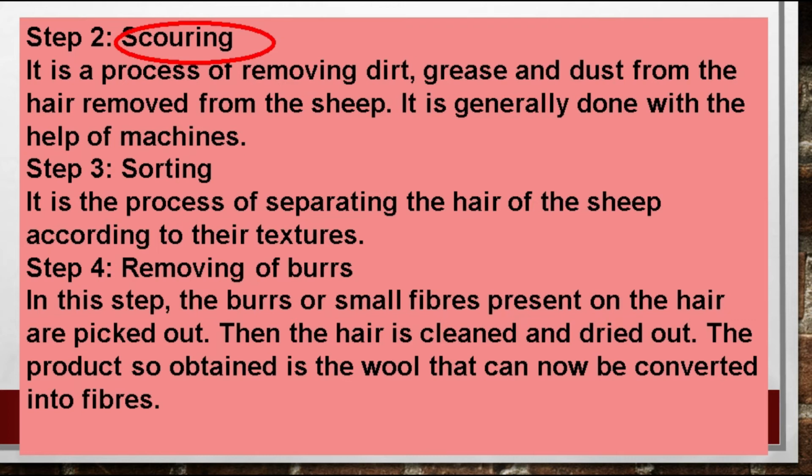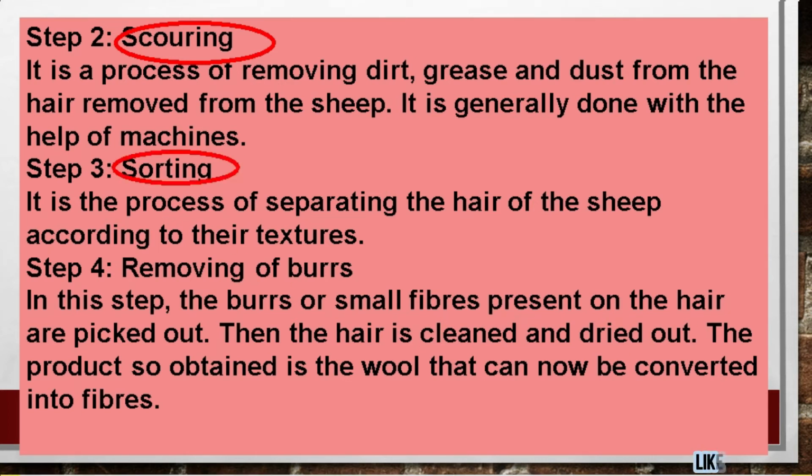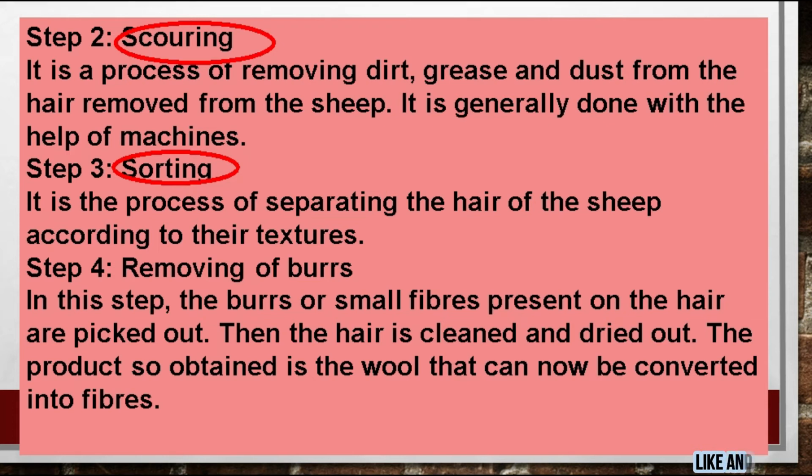Now after scouring, the next step is sorting. Students, after removing the dirt, grease and dust from the fleece, sorting is done, and in this process the hair of the sheep is separated out according to its texture.